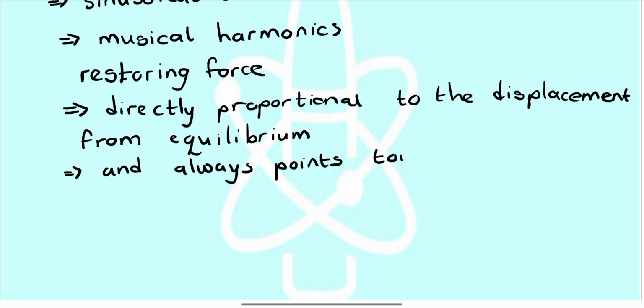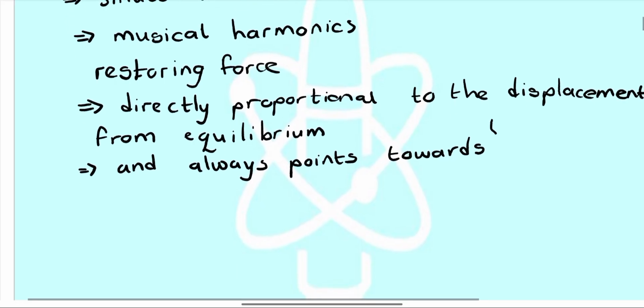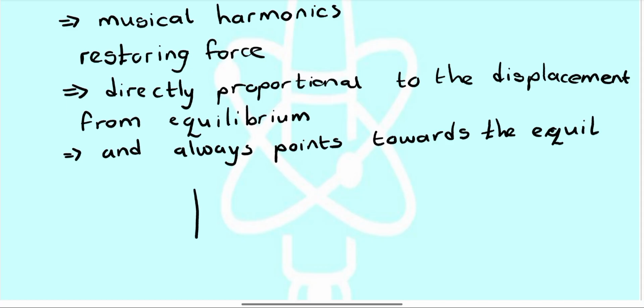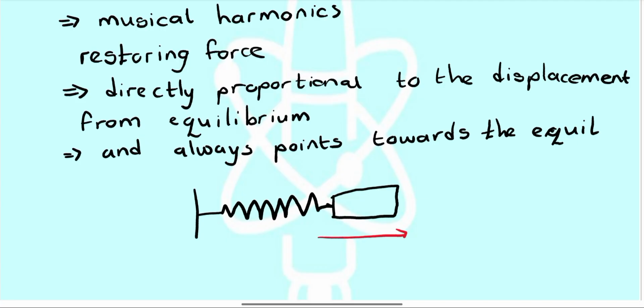Let me give an example with the oscillation of a spring. If you have a spring with a mass, suppose that the spring was stretched, and the equilibrium is somewhere here.